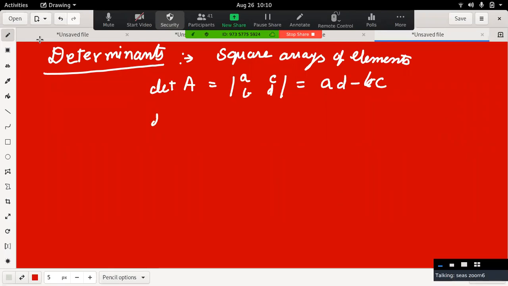Let's say if it is an array of three elements in each direction.